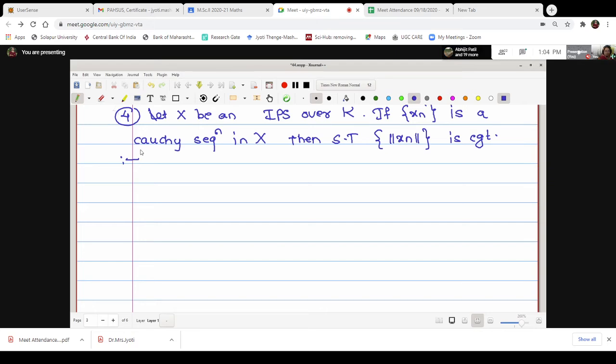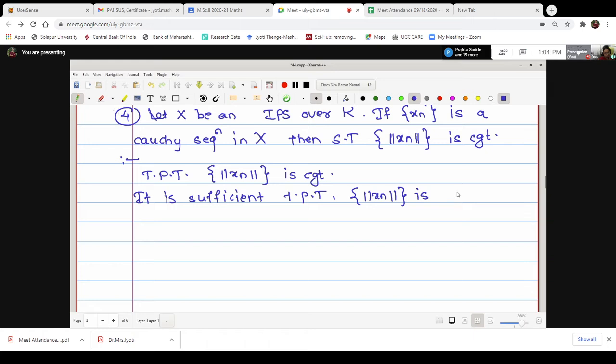But here it will be sufficient to prove that the sequence norm xn is Cauchy, because once we prove that it is Cauchy over the field K, and the field K is complete, then it will automatically be convergent. Therefore, to prove that the sequence norm xn is convergent, we write: it is sufficient to prove that the sequence norm xn is Cauchy in K.